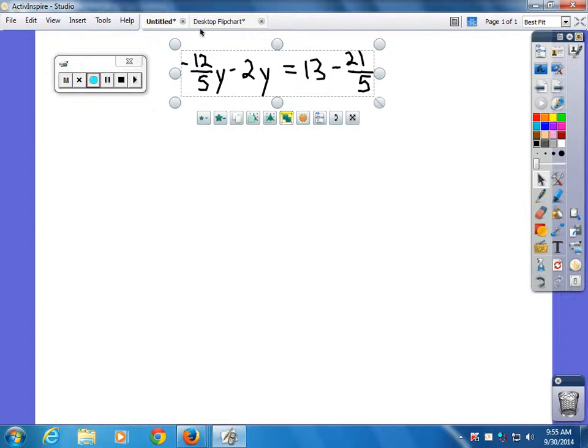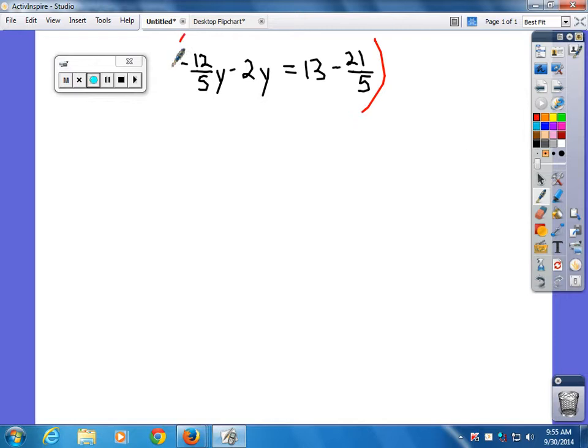And you can go through and multiply by 5. That's what I'm going to do, because I don't like to fool with fractions. So I'm going to multiply by 5.